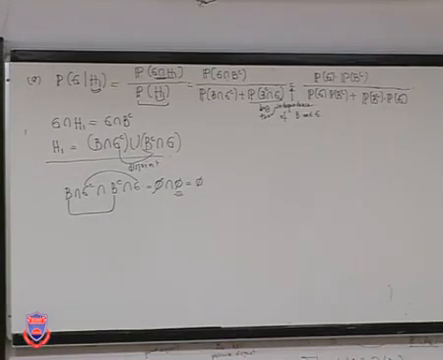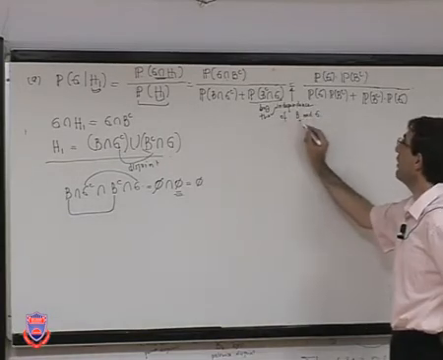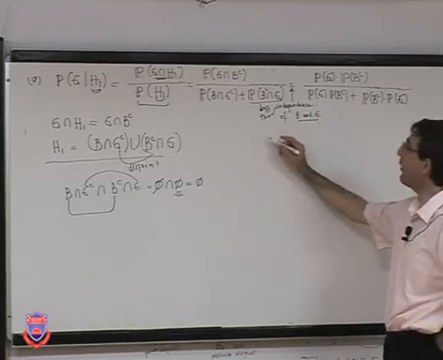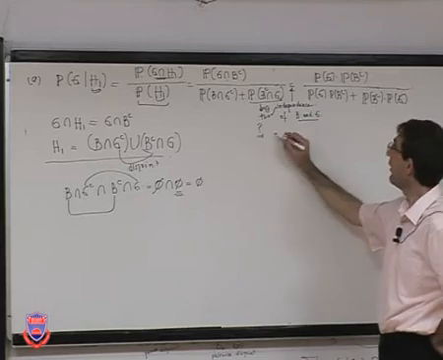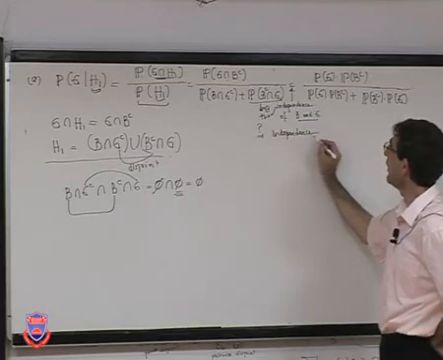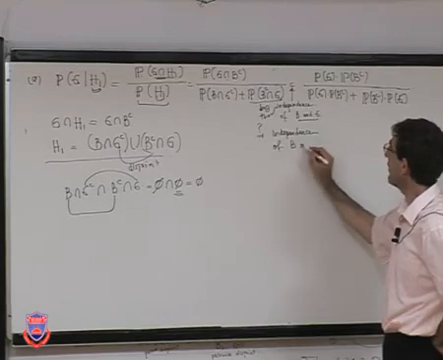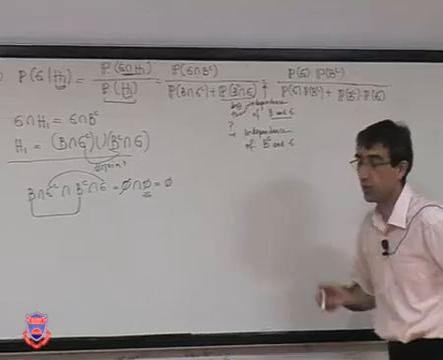Somebody should at least challenge me. Okay, we know that B and G are independent, but how do I know that this implies that events B complement and G are also independent?